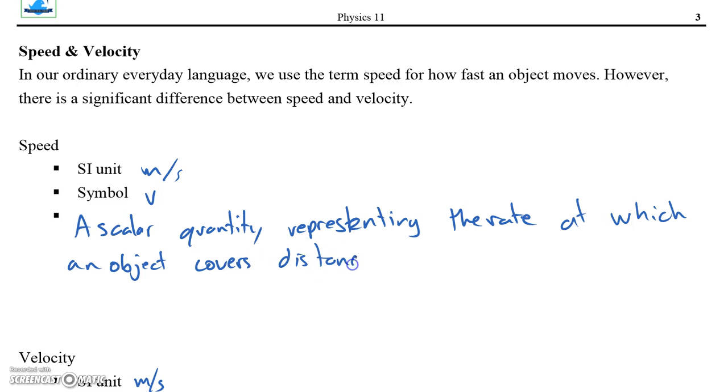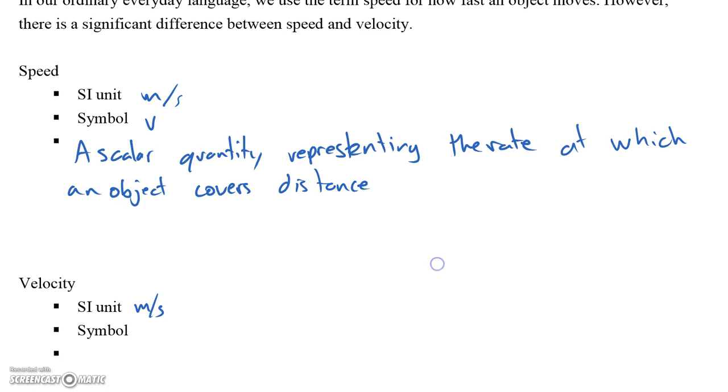Now that's key here, and that will show up in our equation and our examples. So our equation here, speed equals distance over time. No vector arrows, none of these are vectors, they are all scalar values.